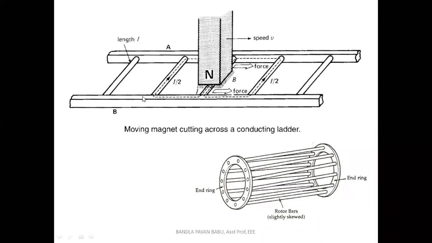If we push the ladder and keep the permanent magnet constant, there will not be any varying magnetic field. Induced EMF will be there, but in the real machine the rotor never rotates this way. It has an induced EMF, but it does not create any flux, and it will not be useful for rotating the rotor.